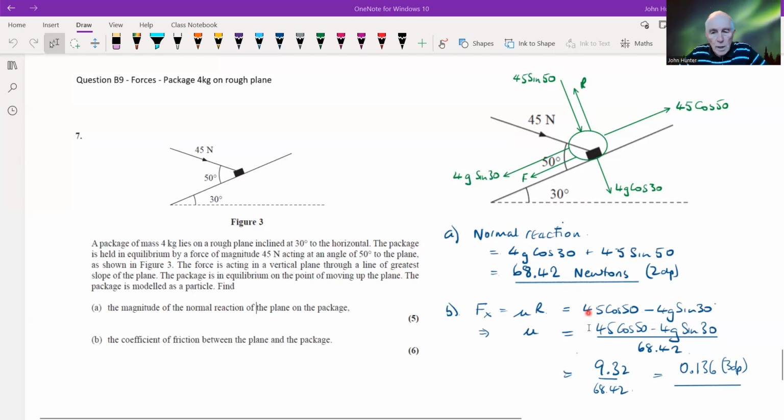Okay, so second part, the coefficient of friction between the plane and the package. Well, the coefficient of friction, just as a reminder, is a measure of the relative roughness of the surfaces. You know, ice on ice would be very low. The coefficient of friction goes between 0 and 1, so that would be somewhere near 0. If it was a crate on a carpet, that might be something quite high, nearer to 1.